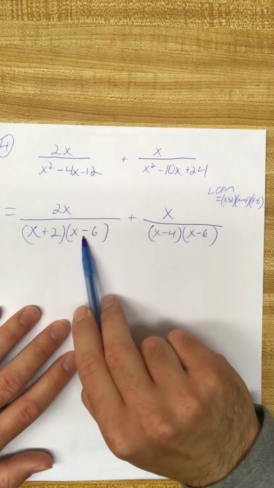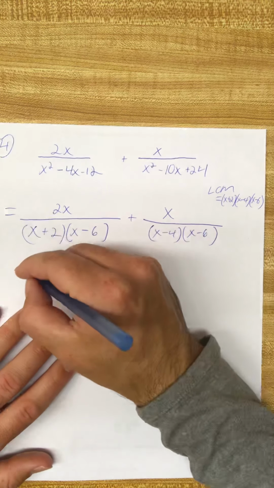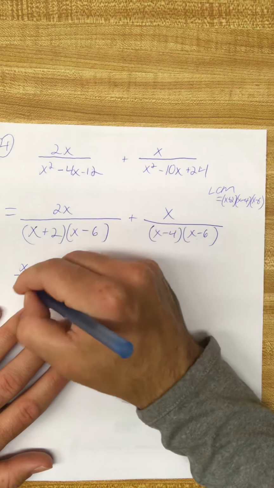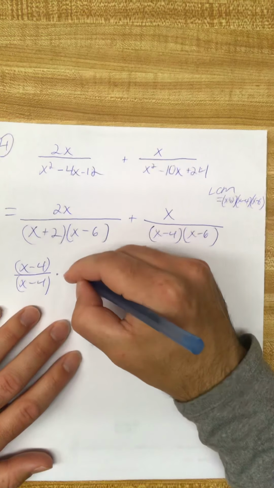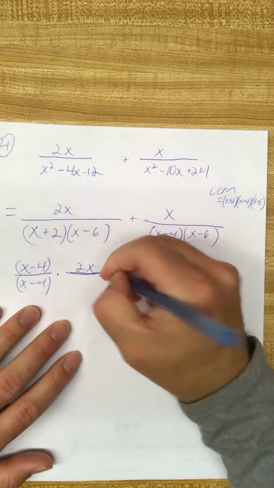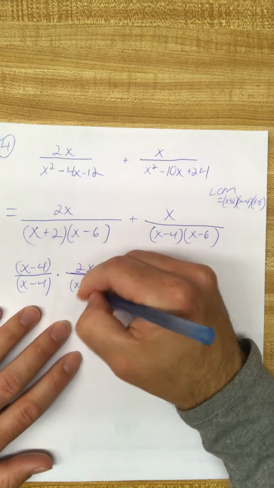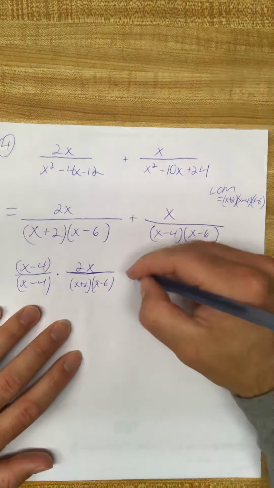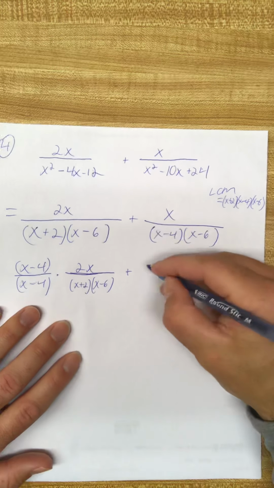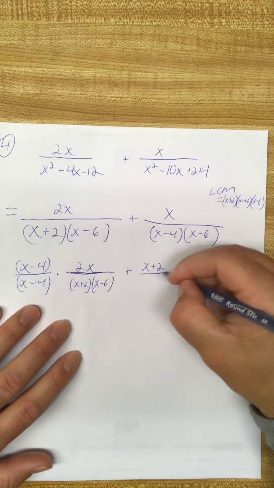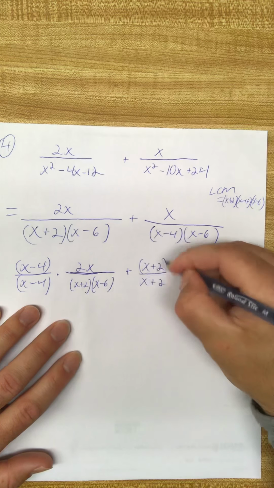So over here, I'm missing an x minus 4. Over here, I'm missing an x plus 2, so I've got to multiply numerator and denominator by x plus 2.